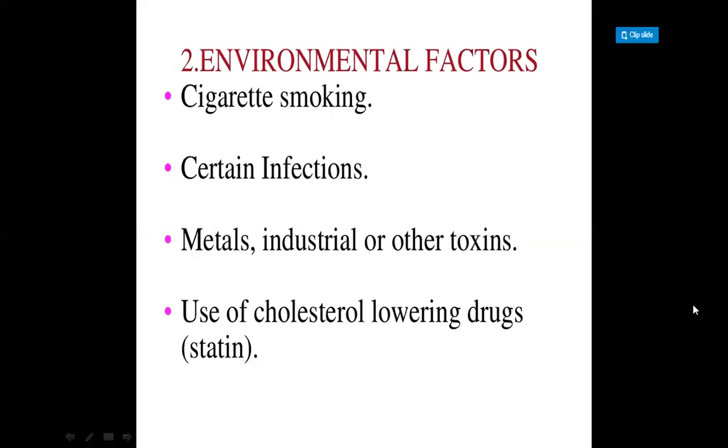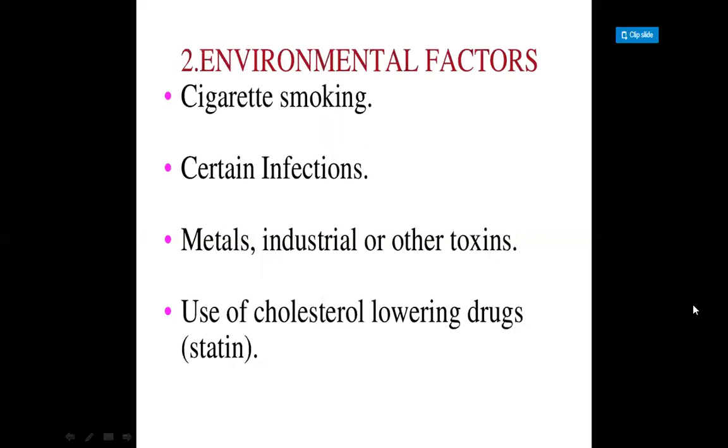That is cigarette smoking, which also affects the function of the brain. Then certain infections which infect the brain, whether viral infection or bacterial infection, can create Alzheimer's disease. Because of this infection, it creates dysfunction in the brain.